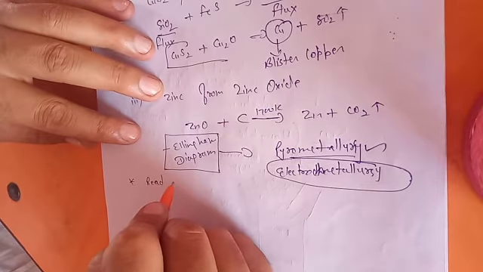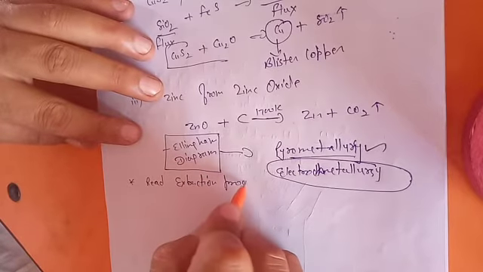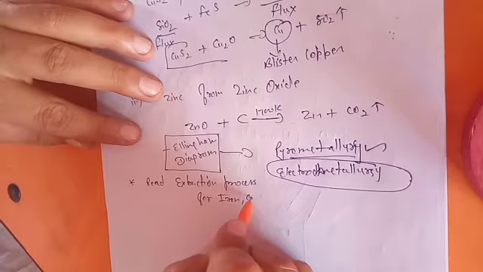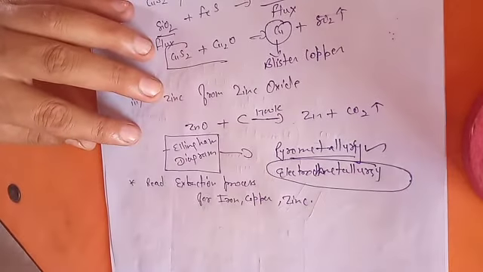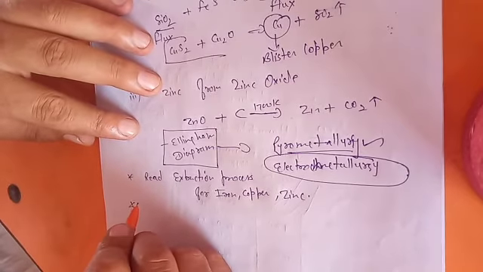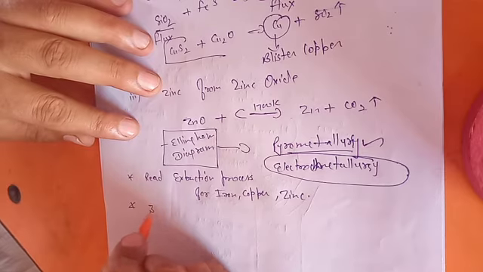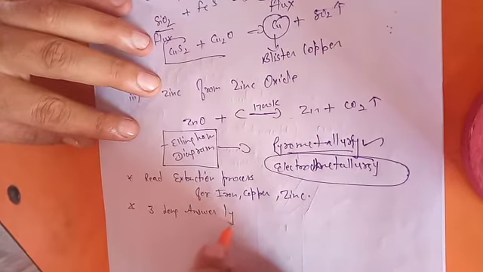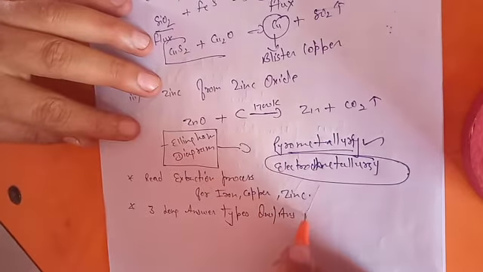Read the extraction process for iron, copper and zinc. This is the first thing; read them carefully. Then write 3 long answer type questions and answers in your rough notebook.